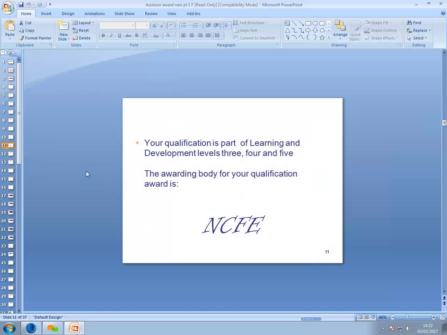Again, I've mentioned before, your qualification part, the learning and development levels 3, 4 and 5. The awarding body for your qualification, in this case, is NCFE. The level of this qualification is 3, which, as I've said previously, is equivalent to, say, a skilled person once they've achieved the end of an apprenticeship.